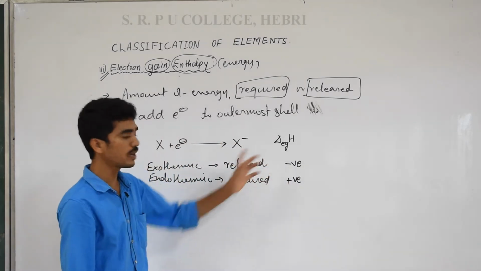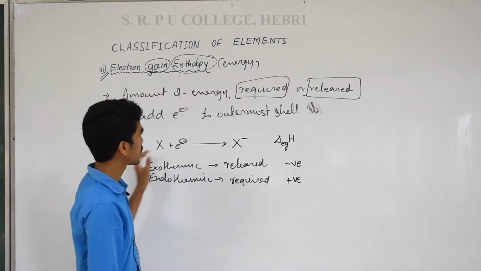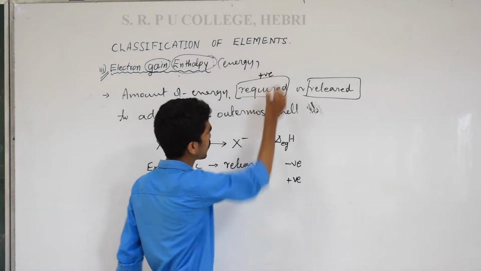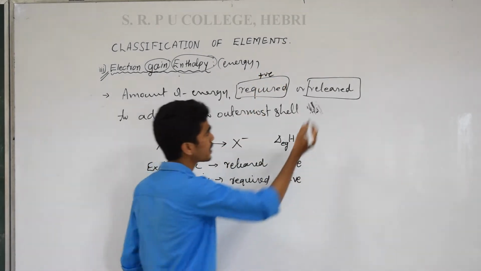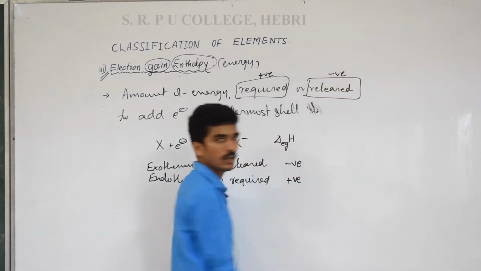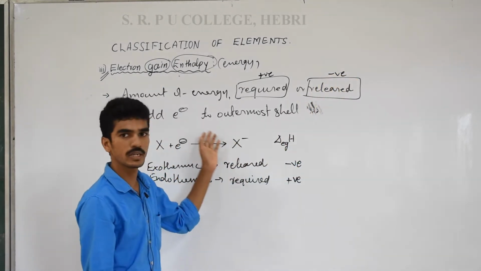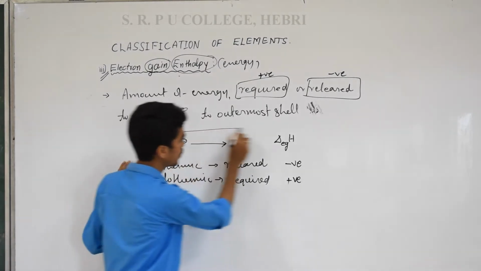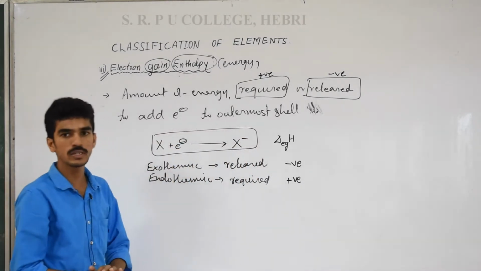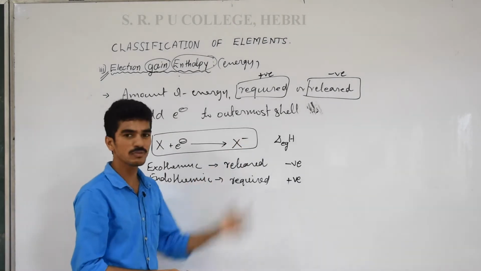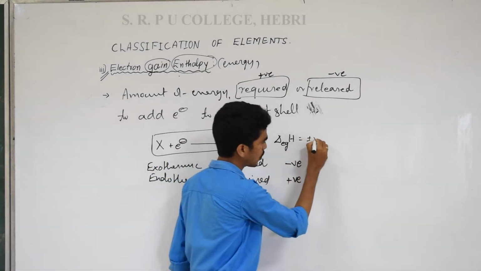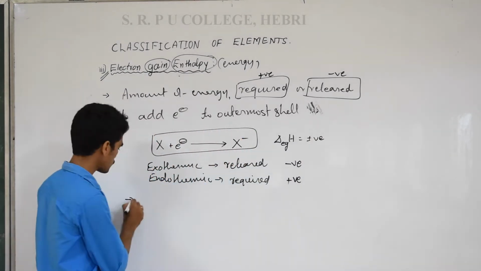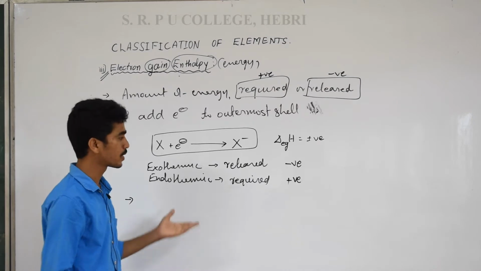Whatever energy is released should be in terms of negative. So this process will produce the negatively charged ion X minus, and positive or negative energy will be involved.